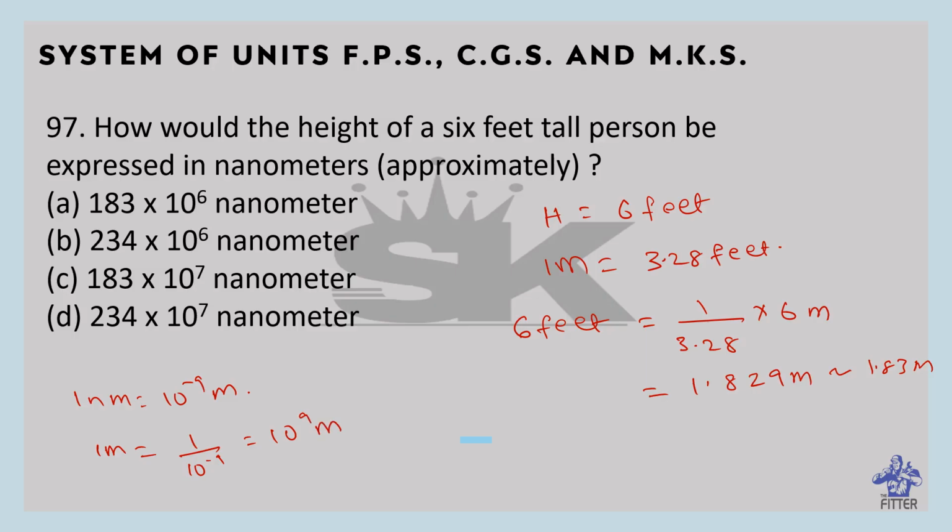So here we're getting 1.83 meter, that is equals to 1.83 into 10 to the power of 9 nanometers. Okay, so here option 183 gives 1.83 into 10 to the power of 7 nanometers. Okay, sorry, 183. Okay, so answer is C. Okay.